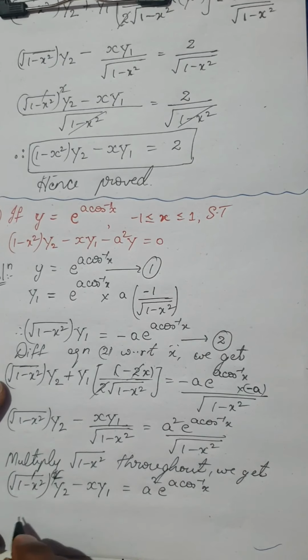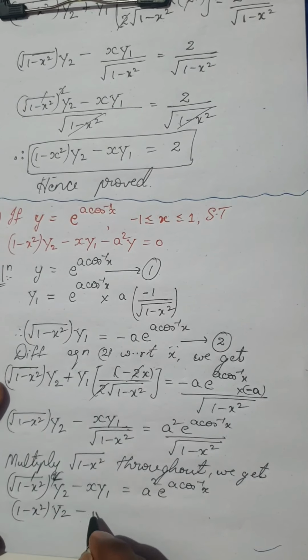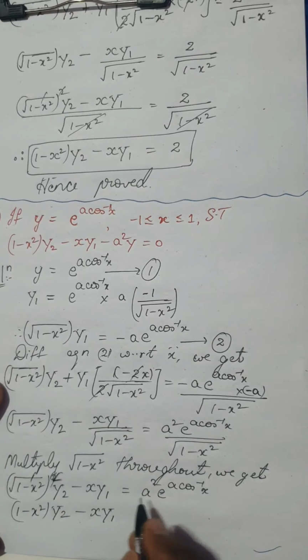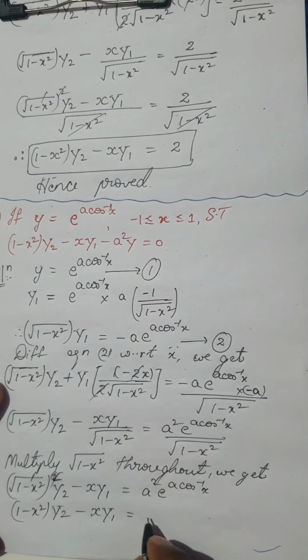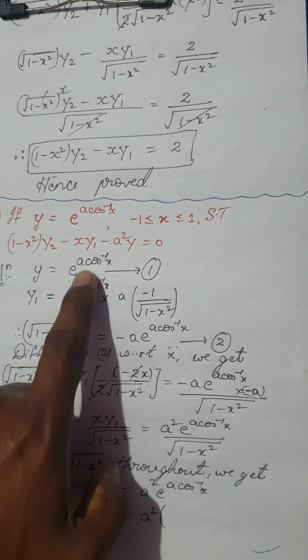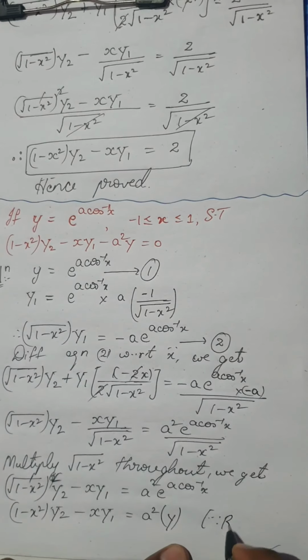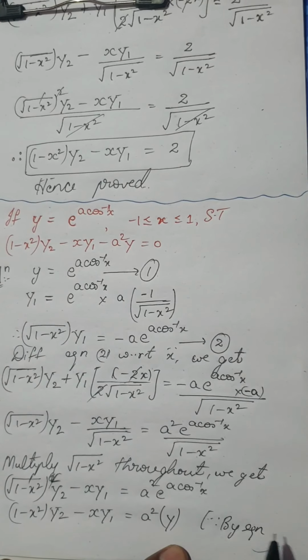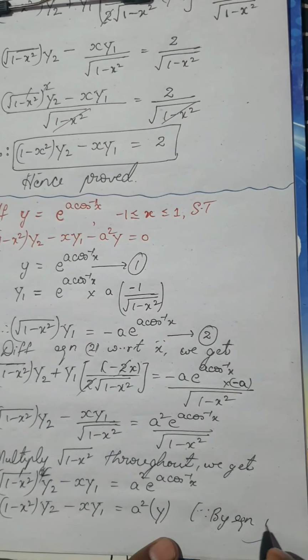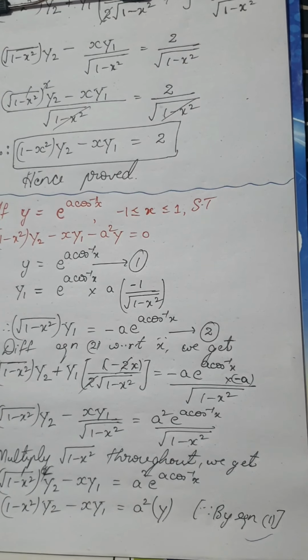So I'll get 1 minus x square into y2 minus x into y1 is nothing but a square into, actually I have e power a cos inverse x. What is e power a cos inverse of x? That is y. How? By equation 1. Is it clear? So you can solve, bring it to the left hand side.